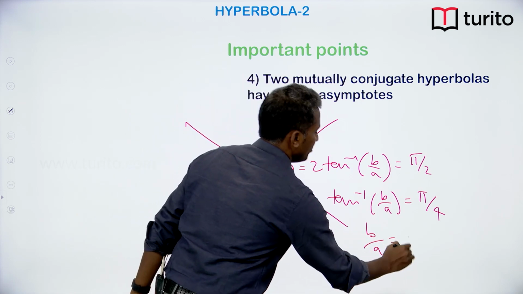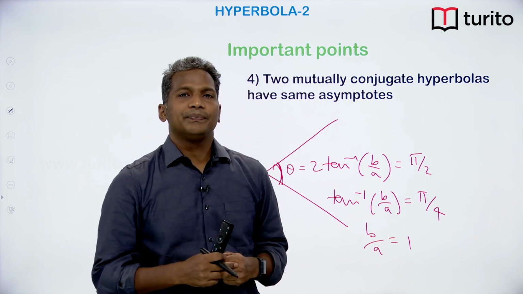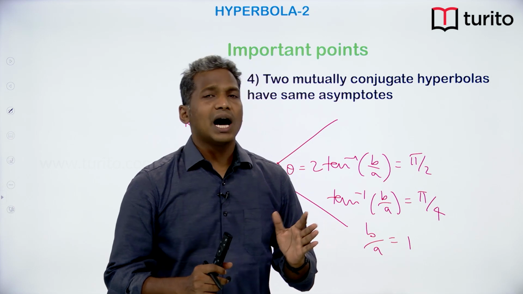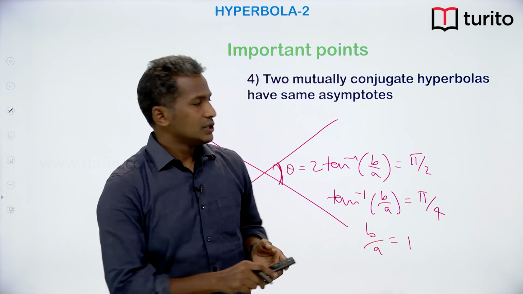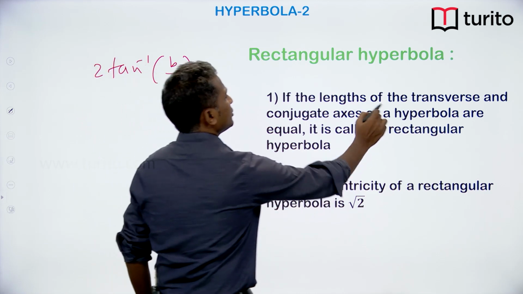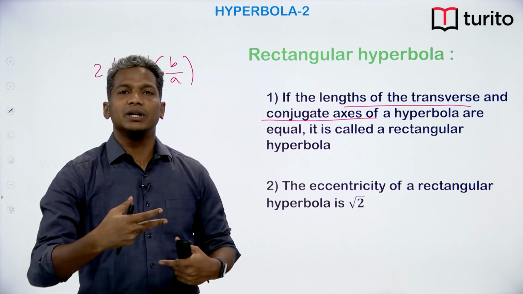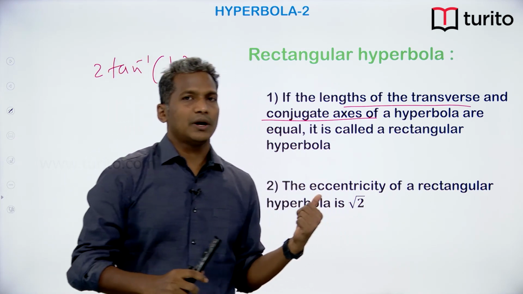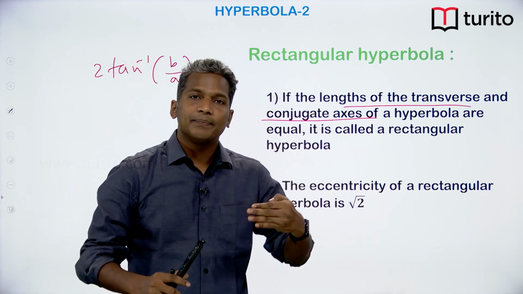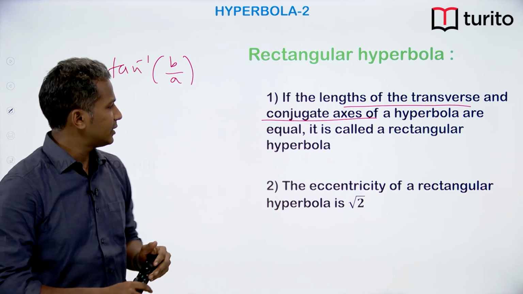So, which means B equals A. So, when it comes to rectangular hyperbola, the transverse axis and conjugate axis are basically equal. So, that is our first property, which says that the length of the transverse axis and conjugate axis must be equal for a rectangular hyperbola. But the idea of rectangular hyperbola must come from the angle between asymptotes. You need to remember this point.